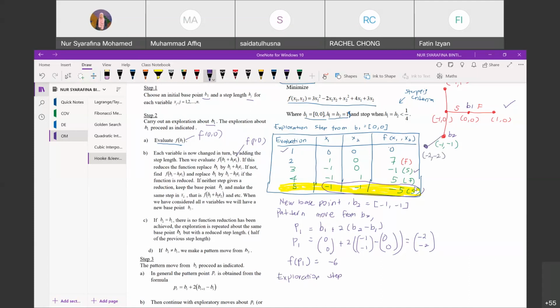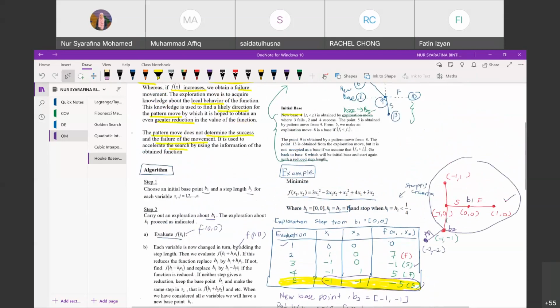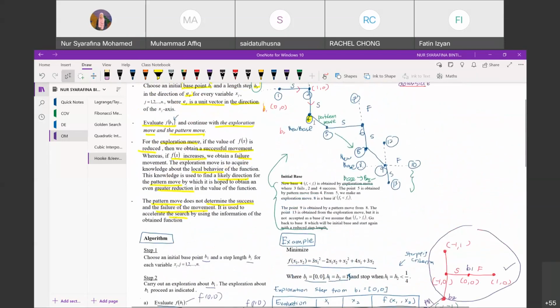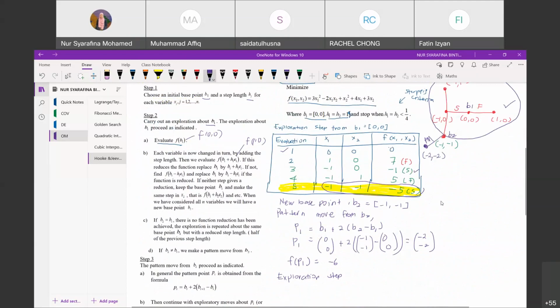As you can see here, this is the exploration move and this is the pattern move. Next, from this new base of minus 2, minus 2, we should explore again. So our next exploration step must start from P1 now. Understand or not?